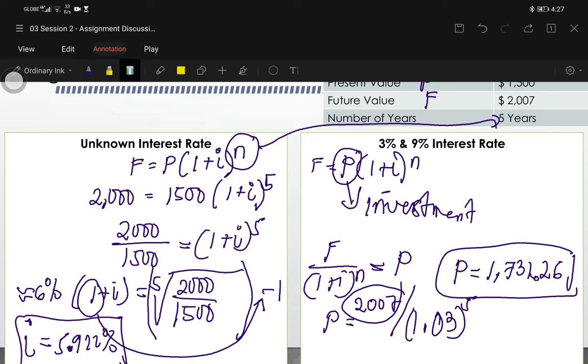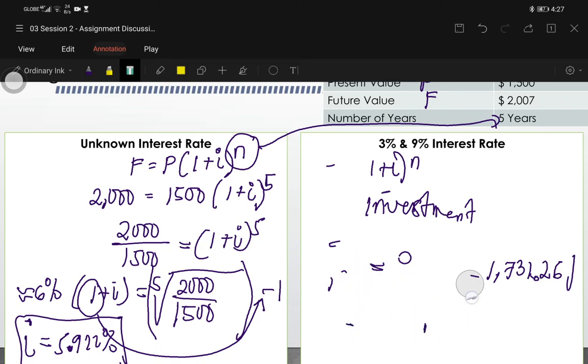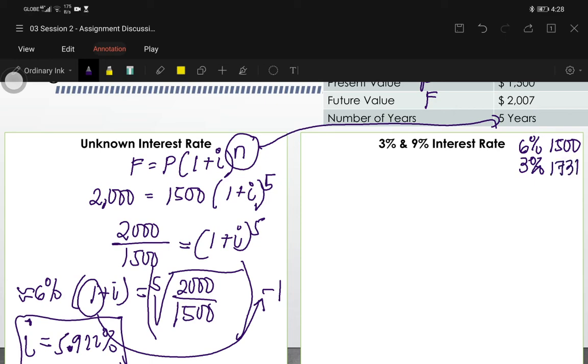Next, let's try computing the 9%. So let's write down here the summary: at 6%, 1,500; at 3%, 1,731. So now, let's try computing it at a 9% interest rate.